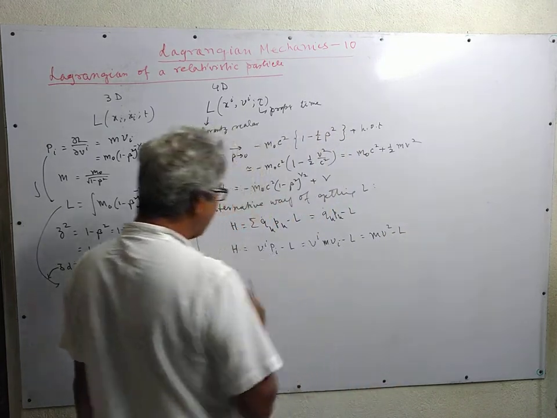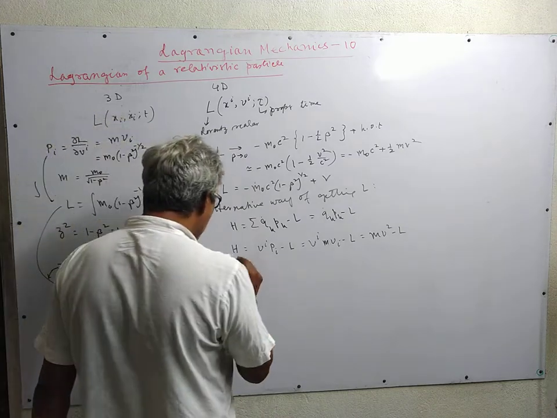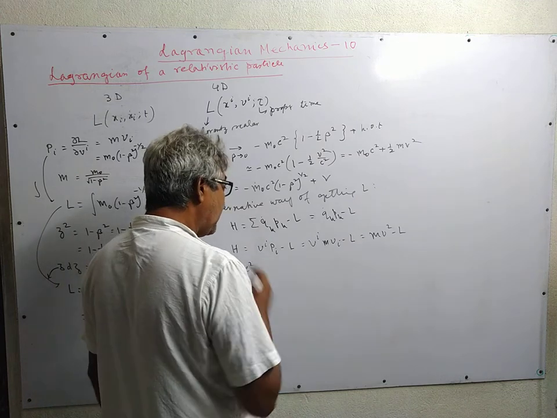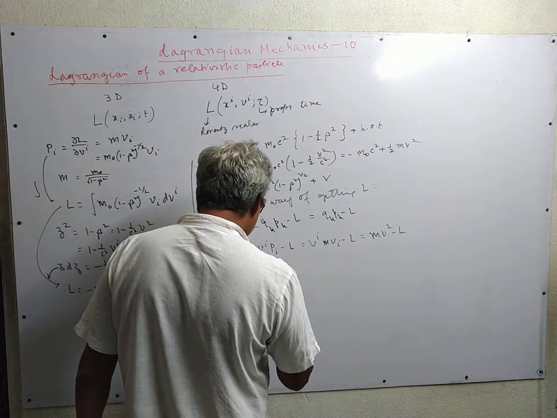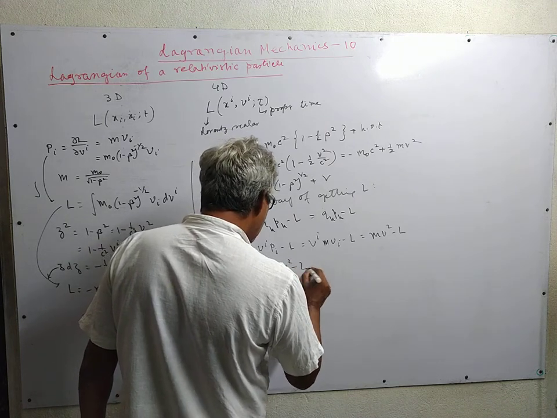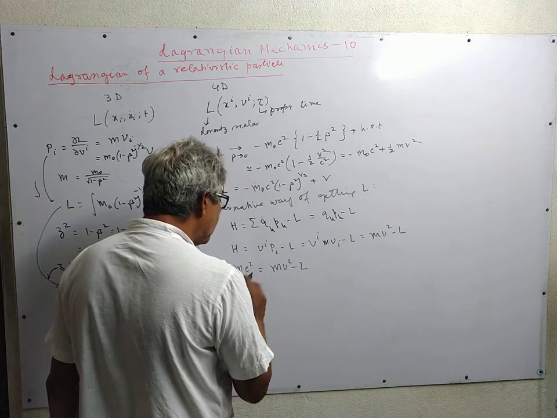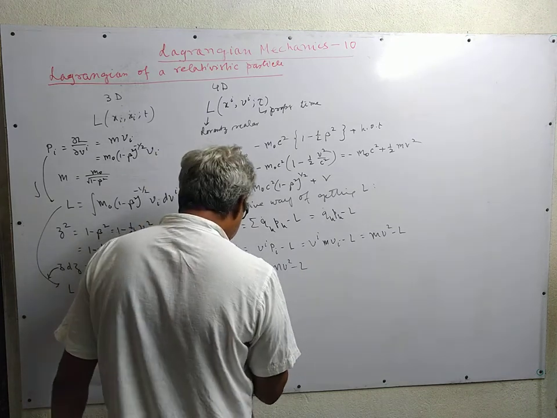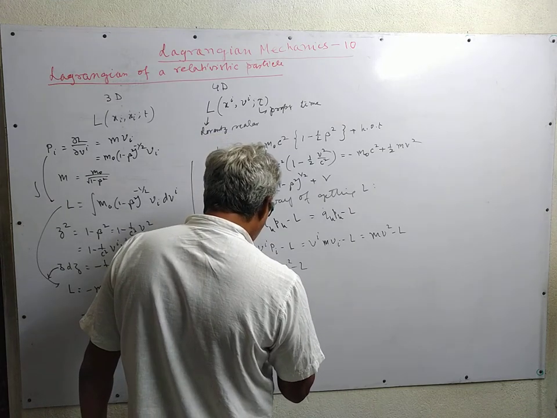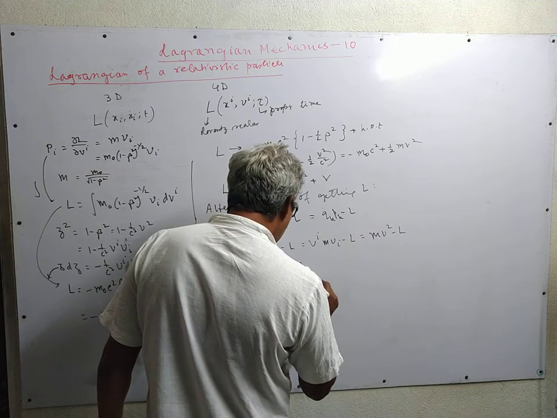And for a conservative system, H is the total energy. So H is equal to mc², the energy of a particle as per relativistic theory. Or rather, −L is equal to mc² − mv².